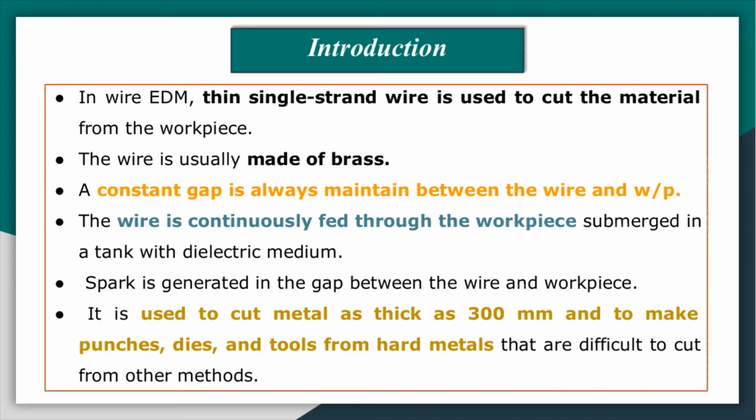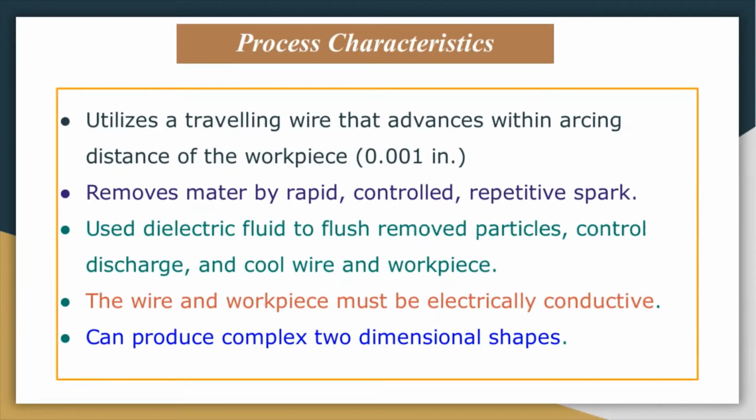The process characteristic of the wire EDM process is that it utilizes a traveling wire that advances within an arcing distance of the workpiece. This interelectrode gap is maintained at 0.001 inch. It removes material by rapid, controlled and repetitive spark action. Spark occurs in between this wire and the workpiece.